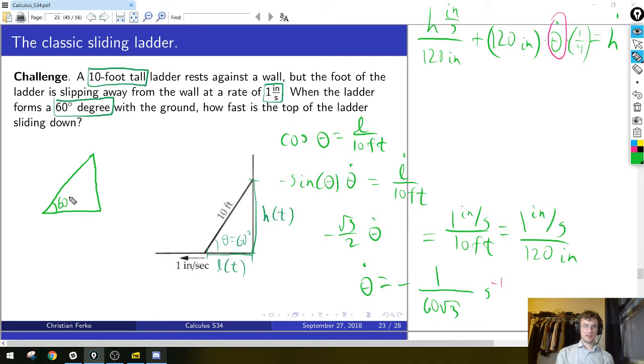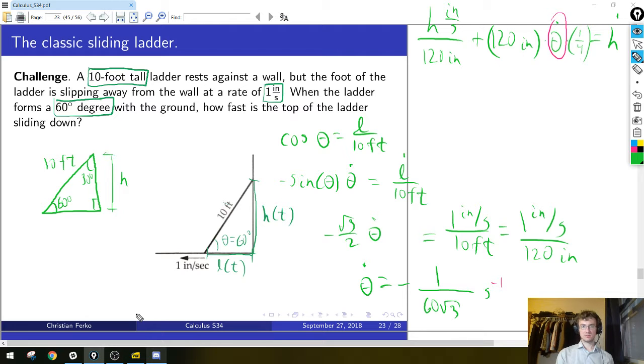This is a 60-degree angle, and this is a 30-degree angle, and the hypotenuse is 10 feet. To plug into the left side of the equation you gave me, we need to know what the height h is, the vertical extent of this triangle. So how do we find that given the information in the leftmost diagram?